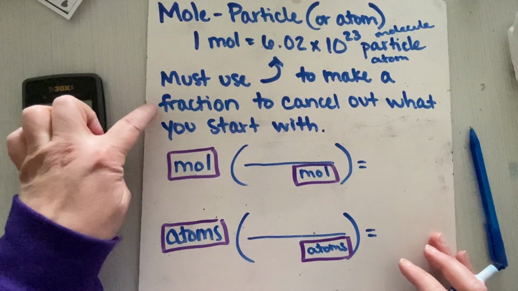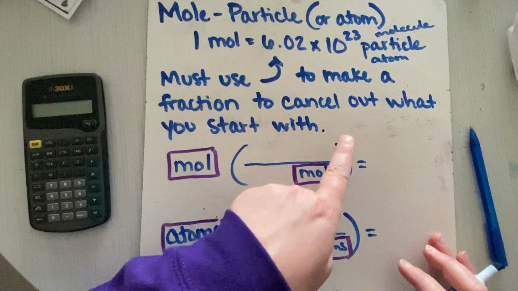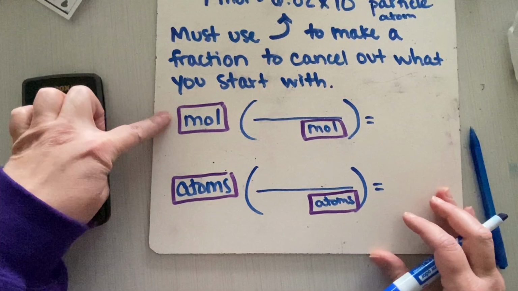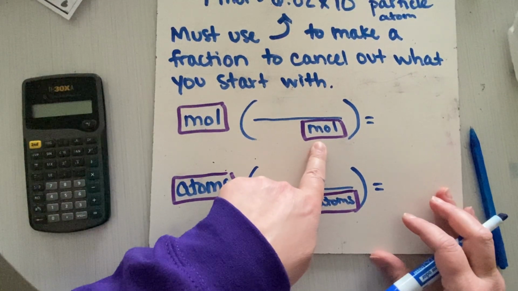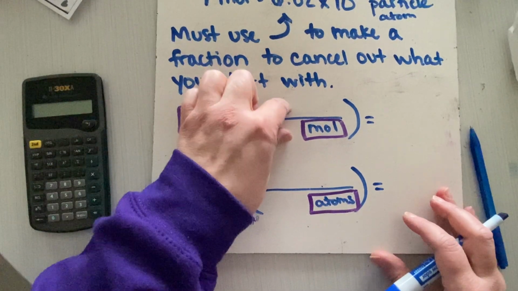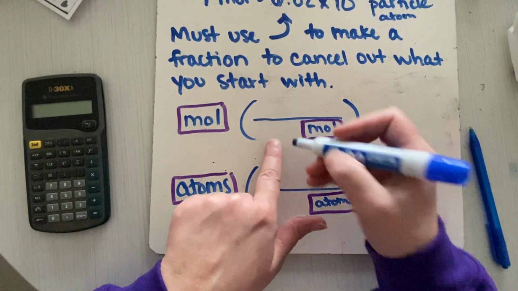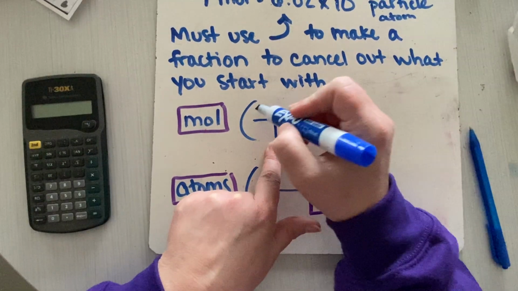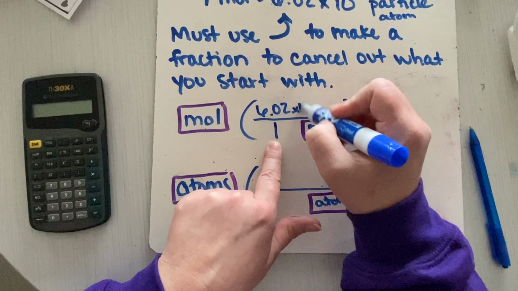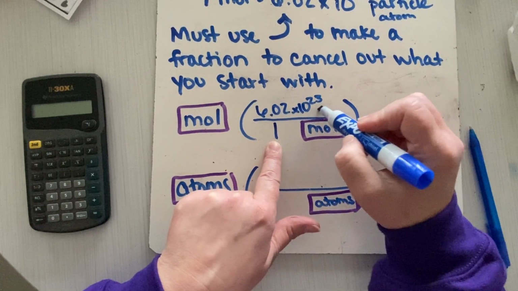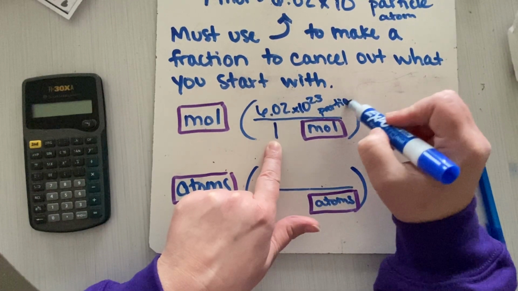And we're going to be making a fraction out of this in order to cancel out what we start with. So if we start with moles, we're going to have moles on the bottom. So this fraction is going to come from this equality. So it would be 1 mole on the bottom, and then we'd have our 6.02 times 10 to the 23rd particles, atoms, molecules, whatever it is.